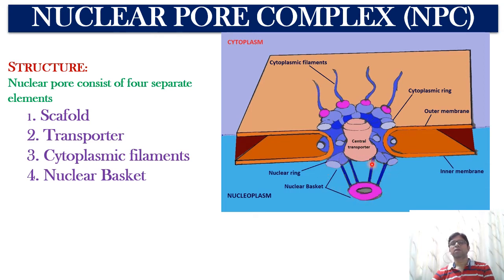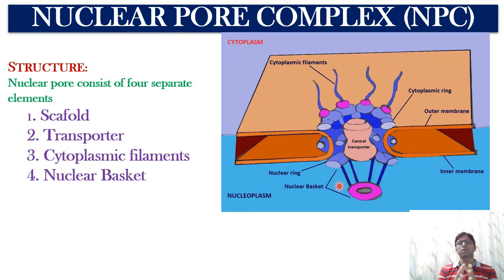The nuclear basket plays an important role in the transportation, or export, of RNA. In this way, the nuclear pore complex has 4 separate elements, namely scaffold, transporter, cytoplasmic filaments, and nuclear basket.